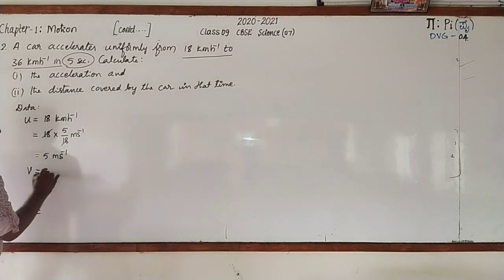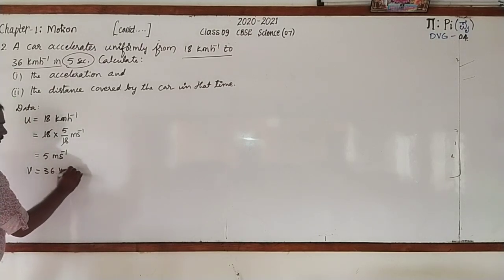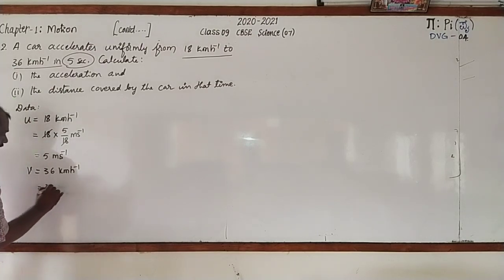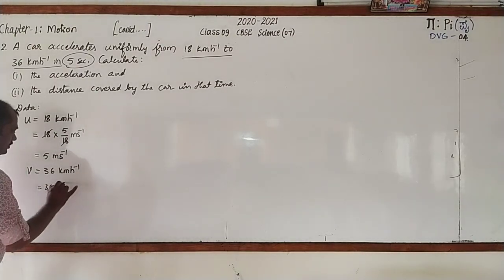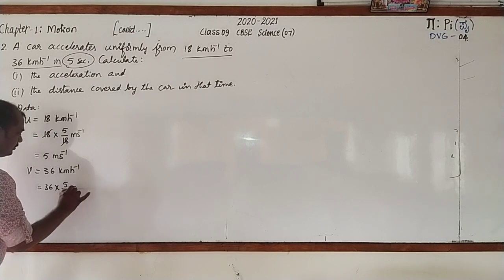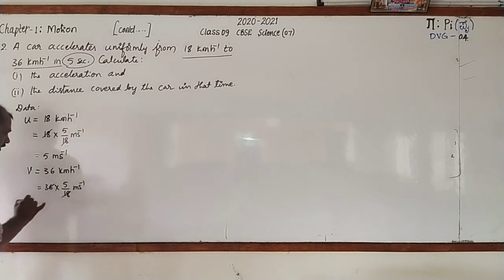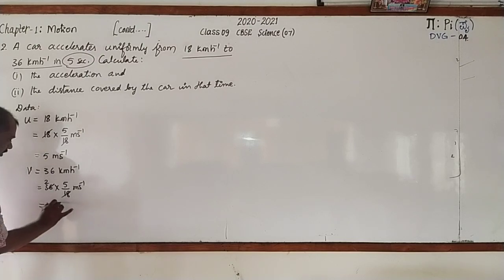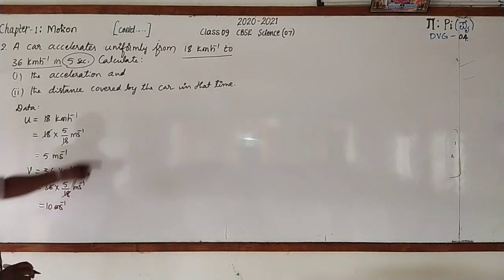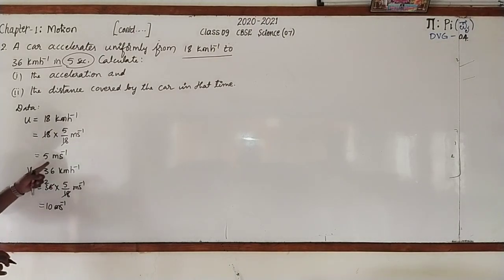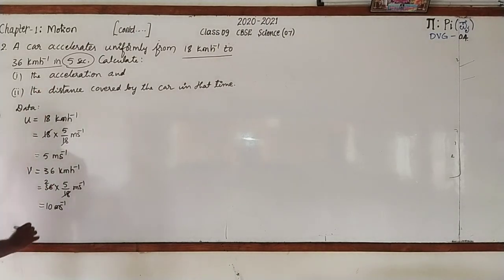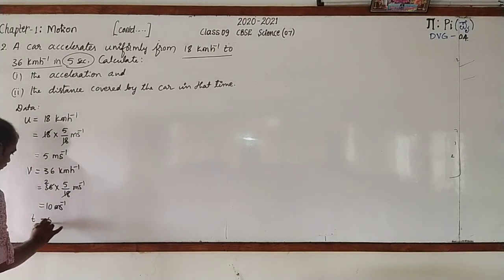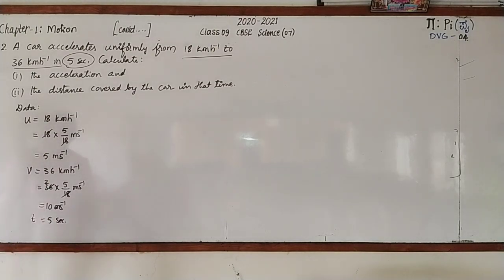Final velocity is 36 km per hour. Again convert this into SI unit. 36 into 5 by 18 meter per second. 18 twos are 36, 2 5s are 10 meter per second. To change its velocity from 5 meter per second to 10 meter per second, how much time it has taken? It is 5 seconds. T equal to 5 seconds.